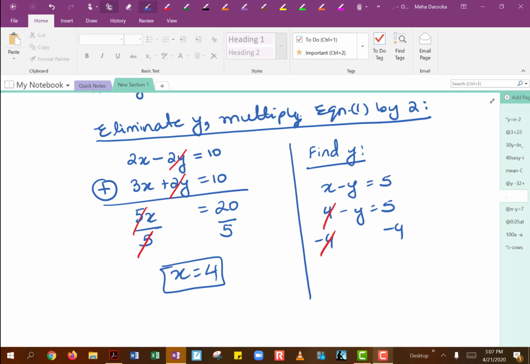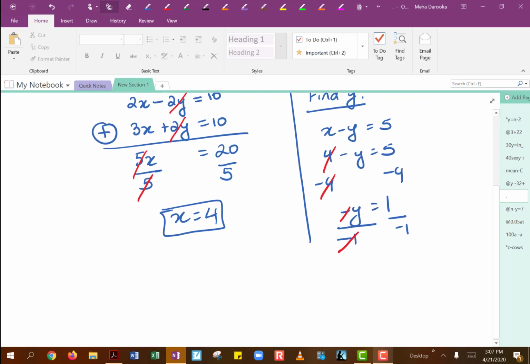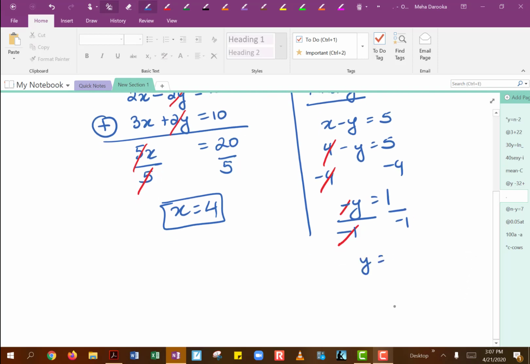We are left with negative y equals 5 minus 4, which of course will be 1. You need to move that negative to the other side. We need y by itself, so either multiply or divide by negative 1, so that cancels out the negative, and you of course end up getting y equals negative 1.